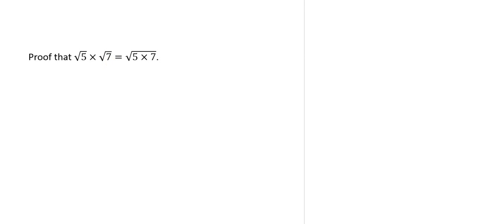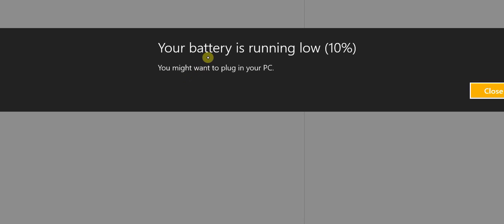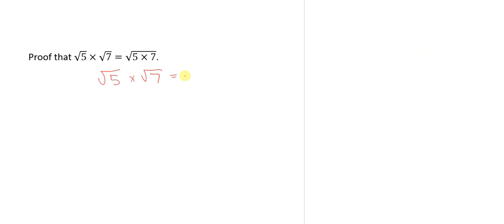Now, one important thing to remember is that we can do whatever we want to this, so long as we do not disobey this equal sign. So what I'm going to do is square both sides of this equation.